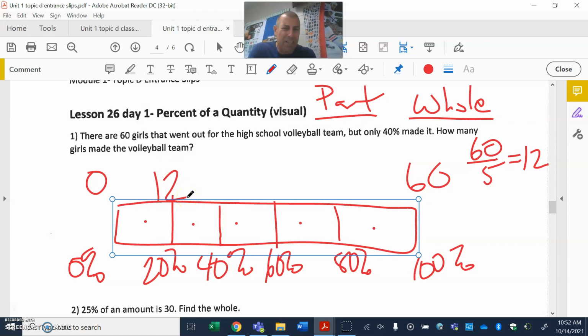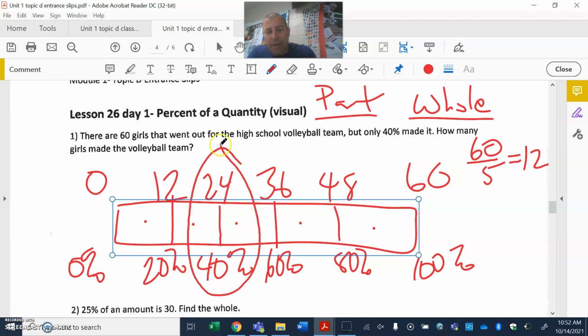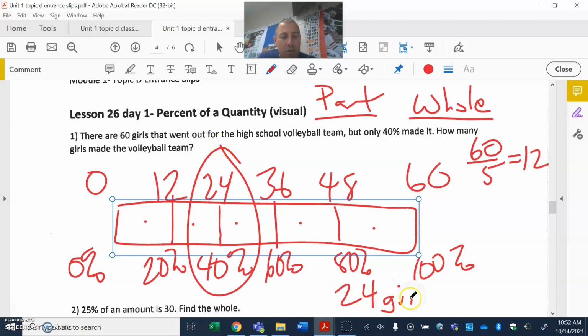If the next box is 12, we're just adding on our 12. So 24, adding on another 12, 36, adding on another 12, 48. And sure enough, we add on another 12, we do land on 60. So here we go. We are set up. 40% made it. Let's go to my 40%. There it is, which tells me 24 girls made the team. Okay?